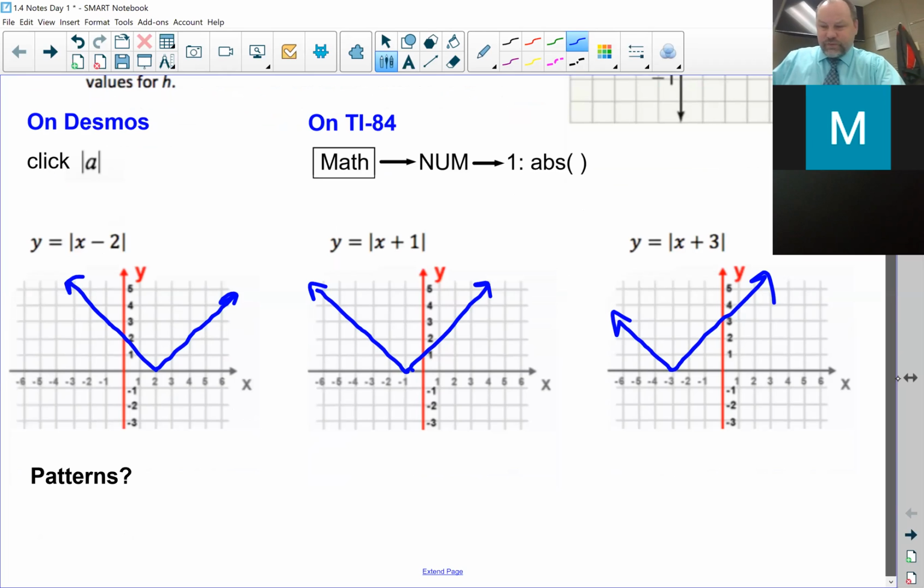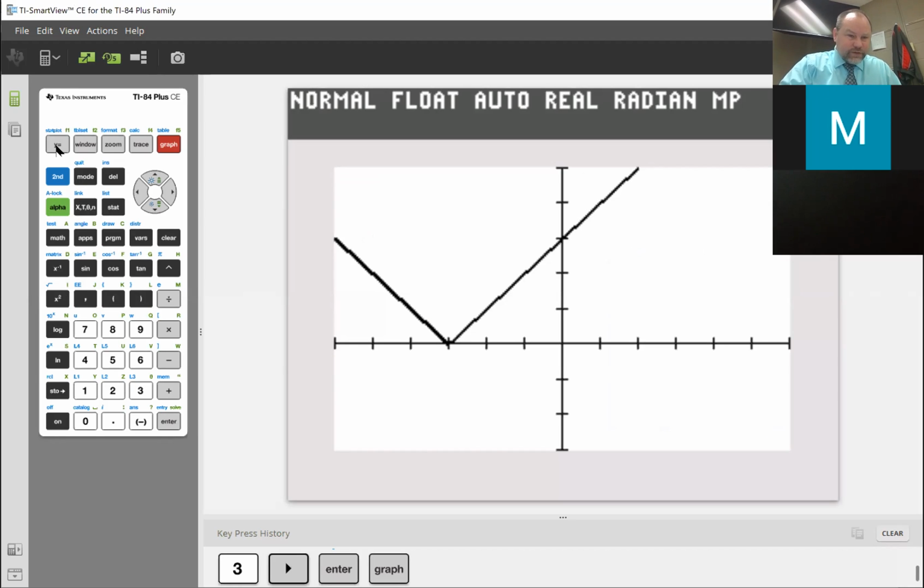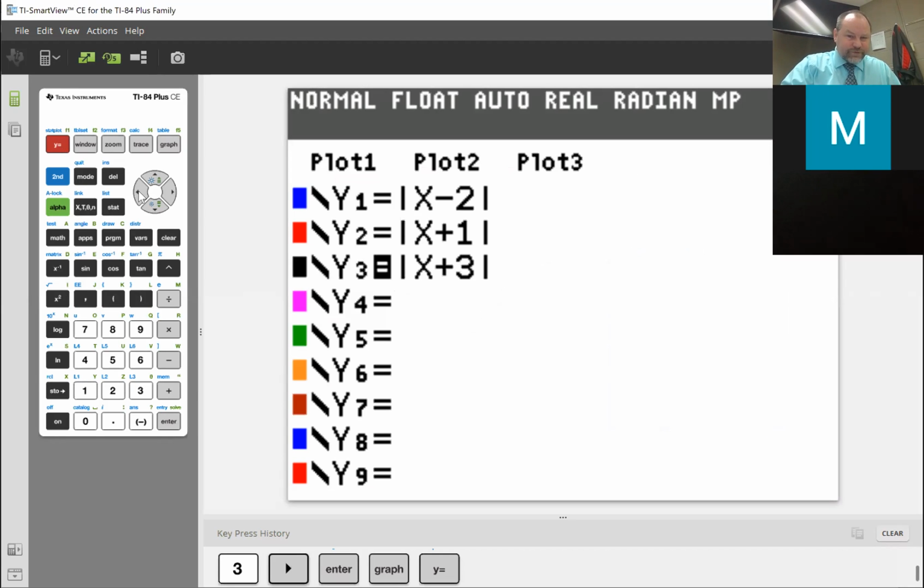So the next thing we're asked is, do you notice any patterns? I'm going to go back to my calculator, and I'm going to make sure all three are being graphed at the same time.